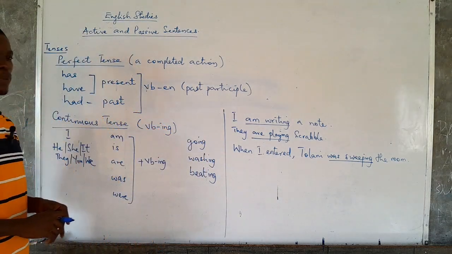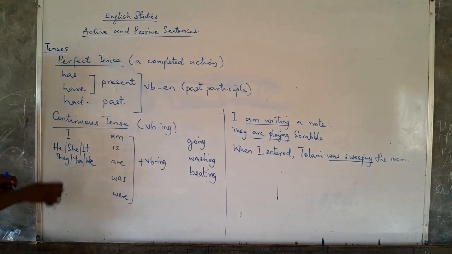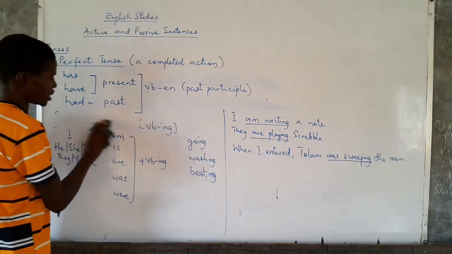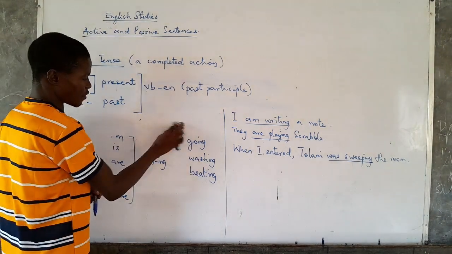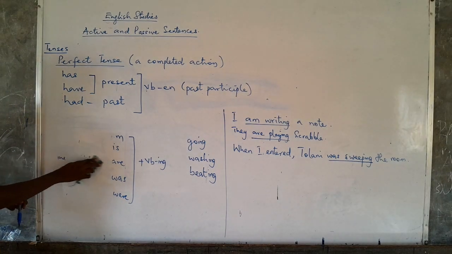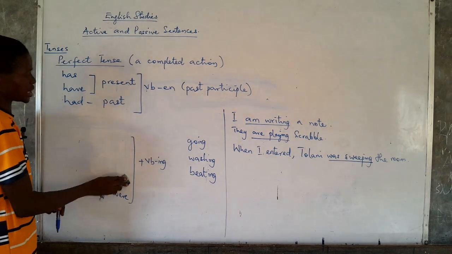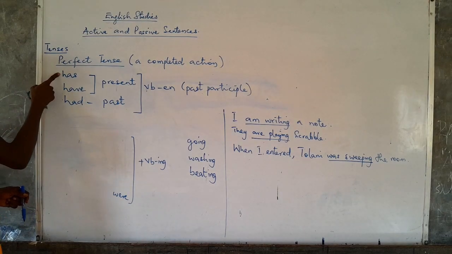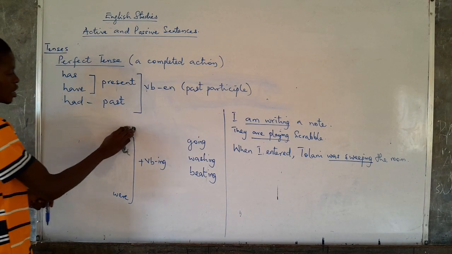Please do not make the mistake of thinking a base will come afterwards. The base of the verb cannot come after anomalous auxiliaries. These are the anomalous auxiliaries: has, have, and had.